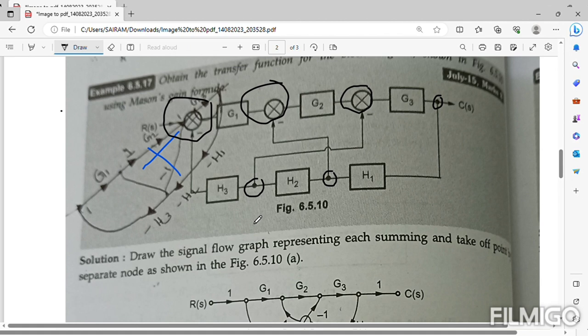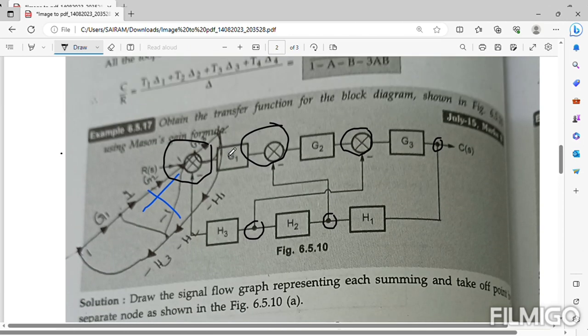There are three summation points as well as three takeoff points, and all of them are converted to nodes. So now let's start doing that.